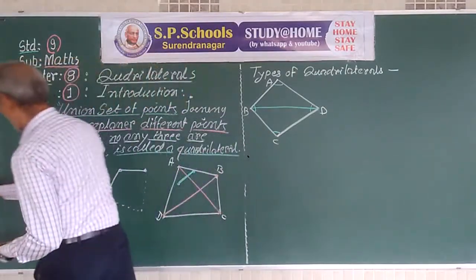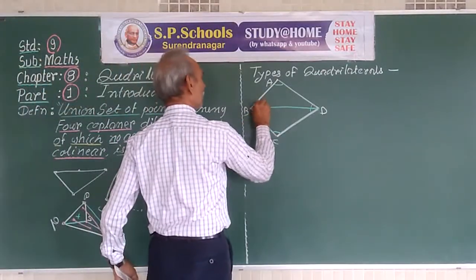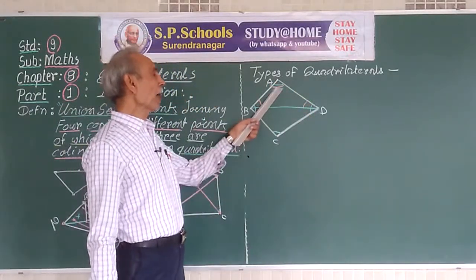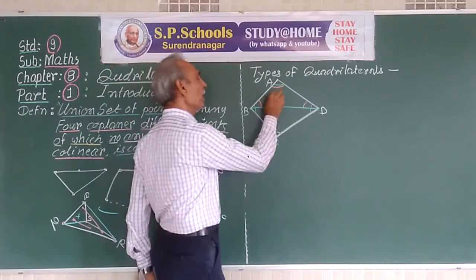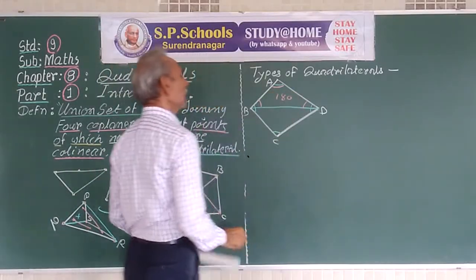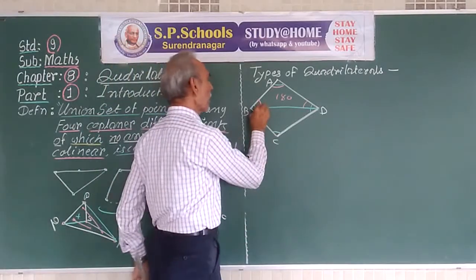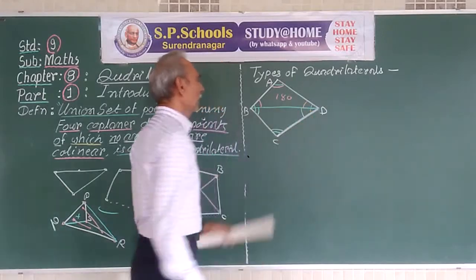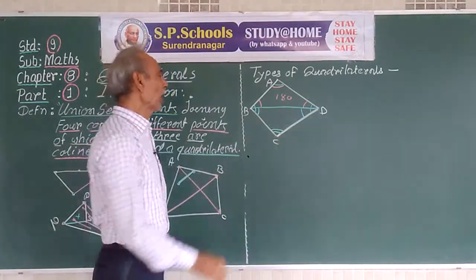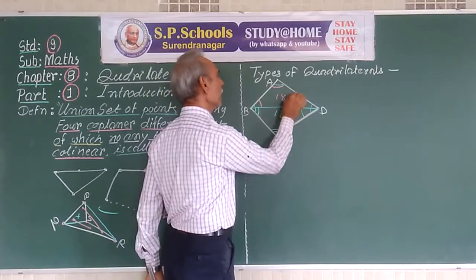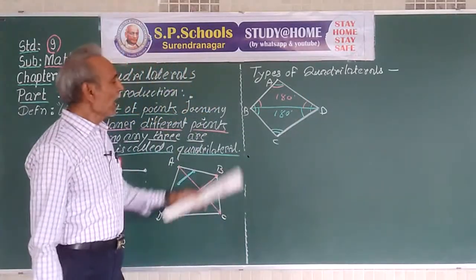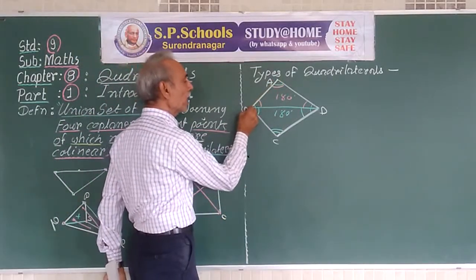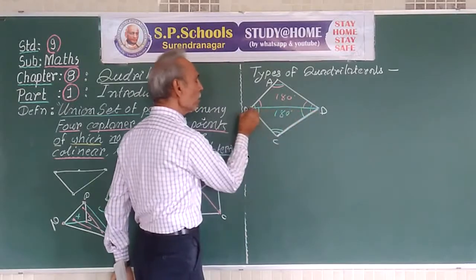Now, the sum of the measures of the angles of this triangle add up to 180, we very well know. Similarly, the sum of the angles of this triangle also add up to 180 degrees. And here at point B, we have angle ABD and angle DBC.